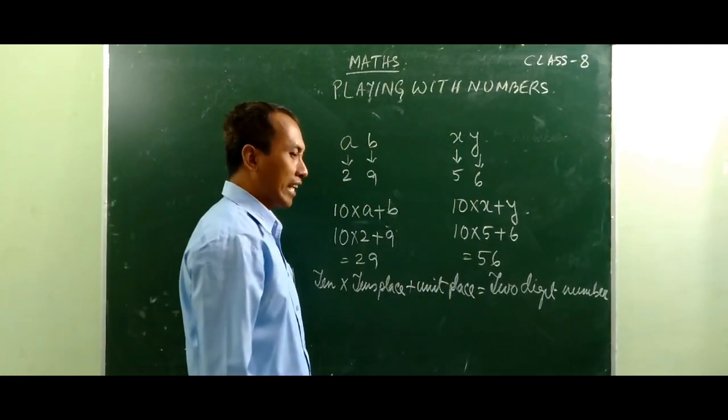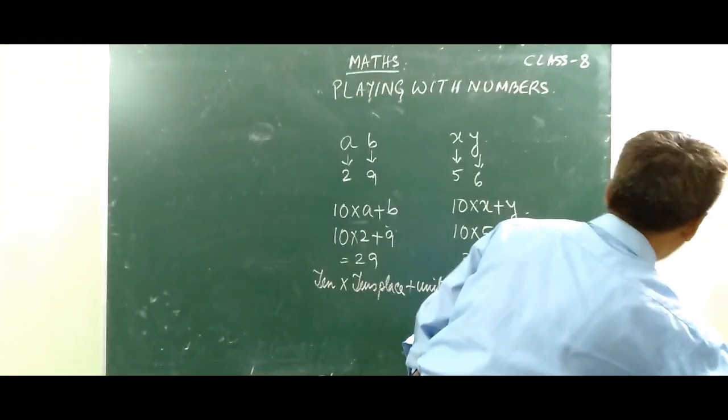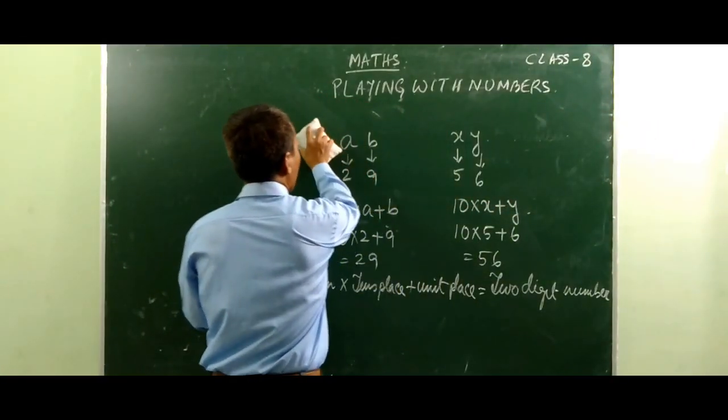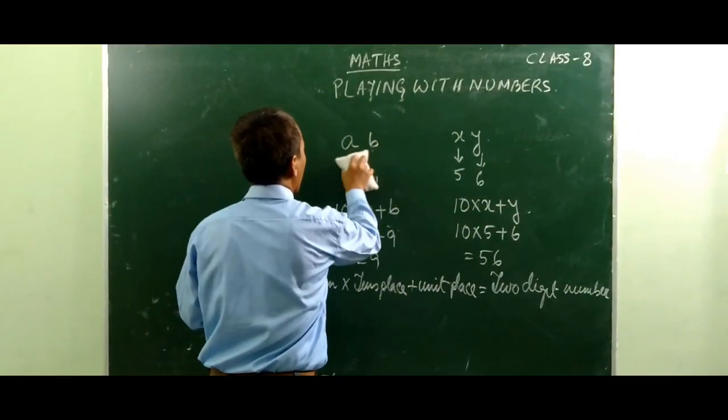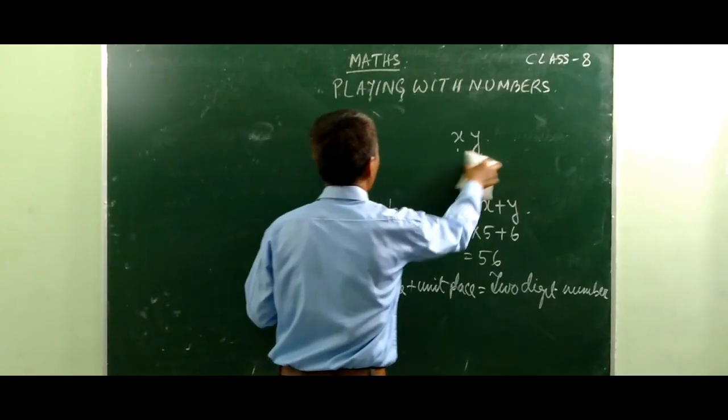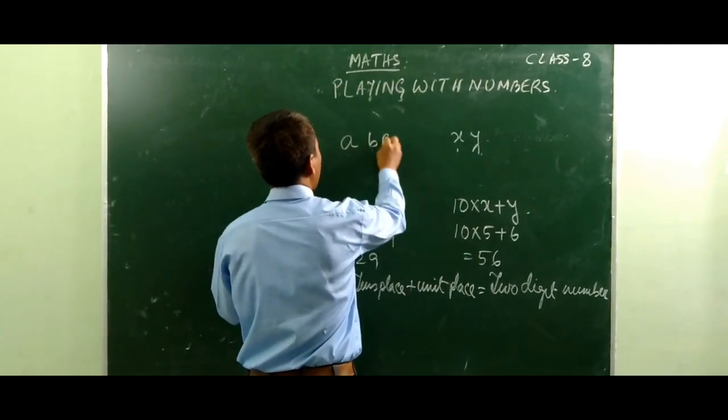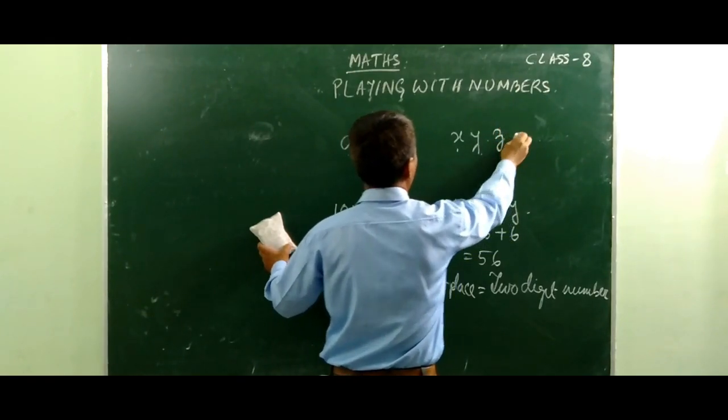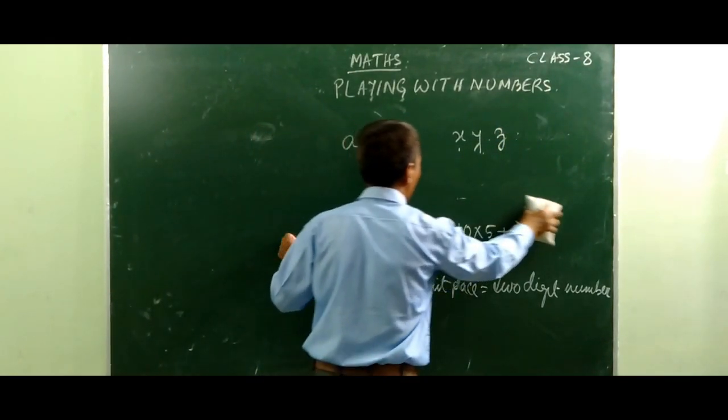Similarly, we can get a 3-digit number also, written as A, B, C or X, Y, Z. How do we get a 3-digit number?